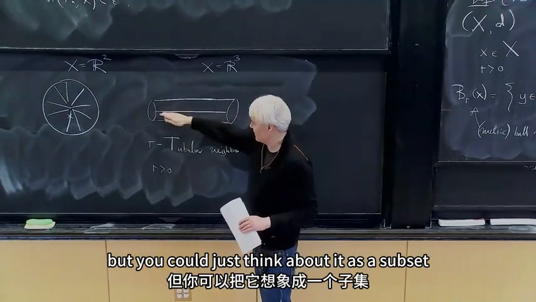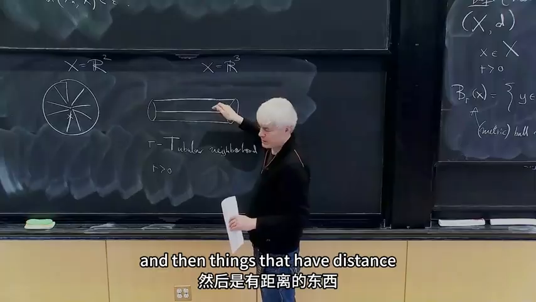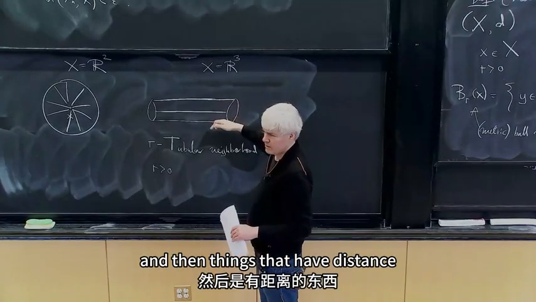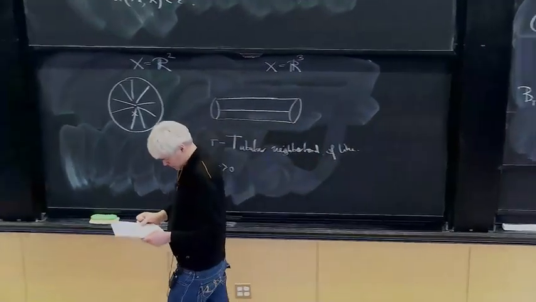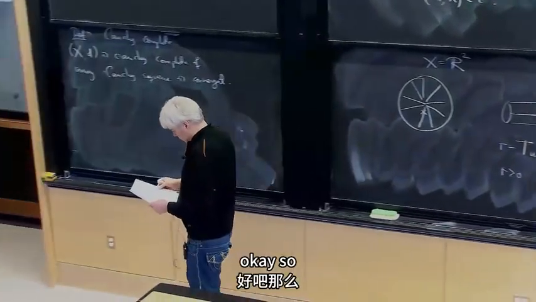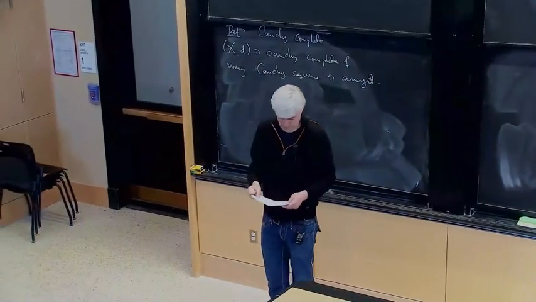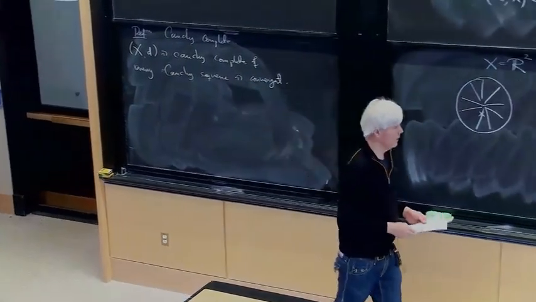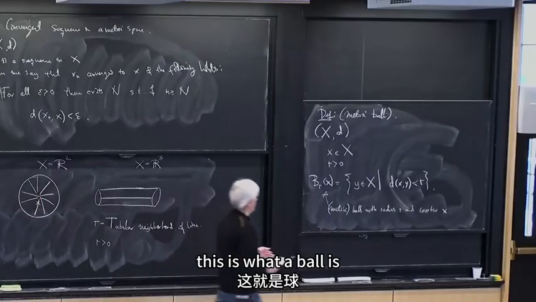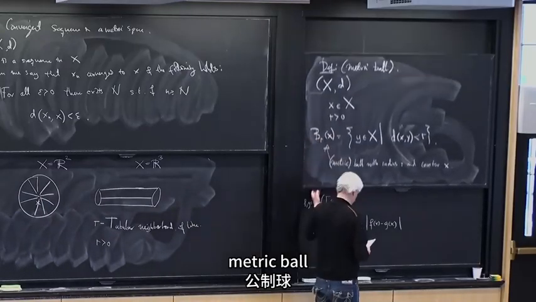You could just think of it as a subset, and take the things that have distance strictly less than r to that subset. So this is what a metric ball is.